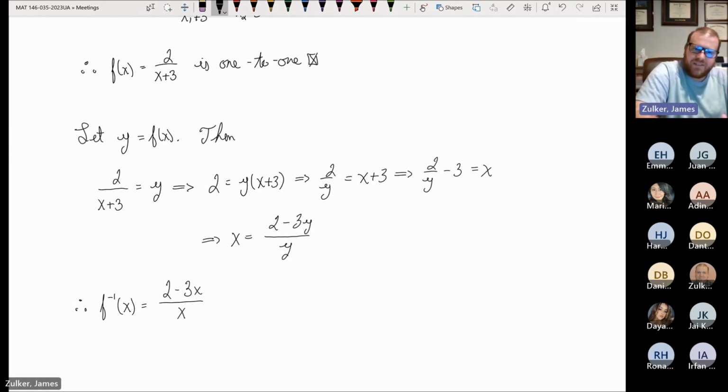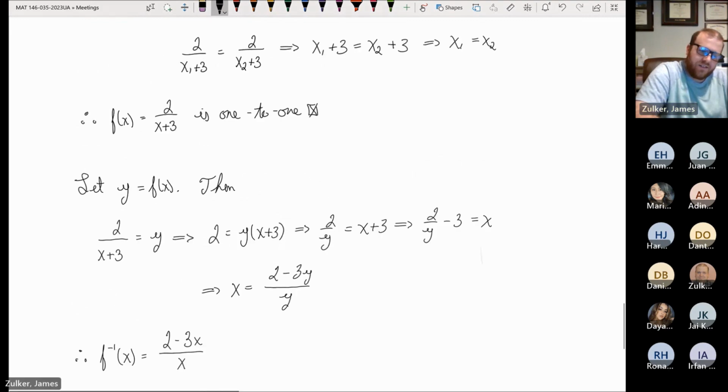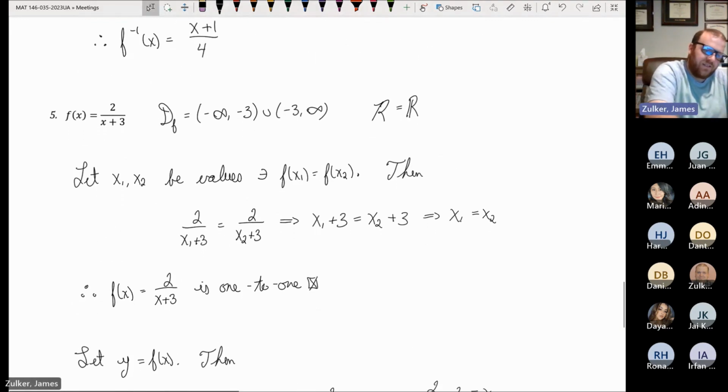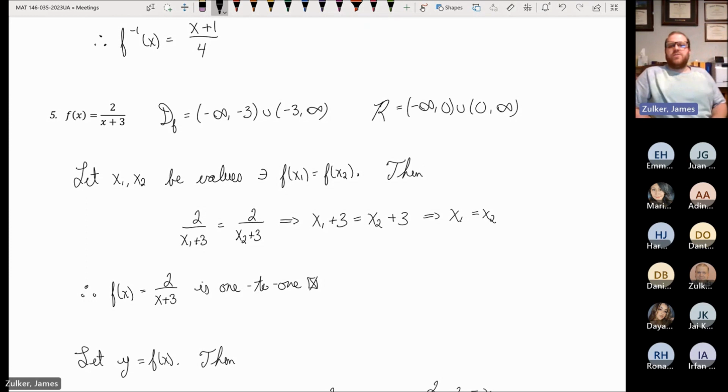And I made a mistake. The range is all reals except for 0. That's my mistake. Right, since we're dividing by x plus 3, and the numerator is a constant 2, there's no way you can get 0 out of that.